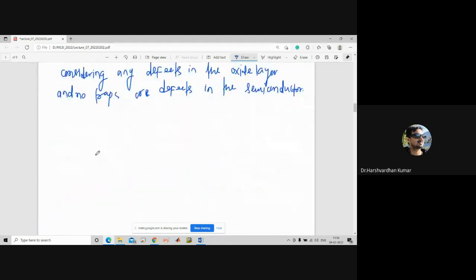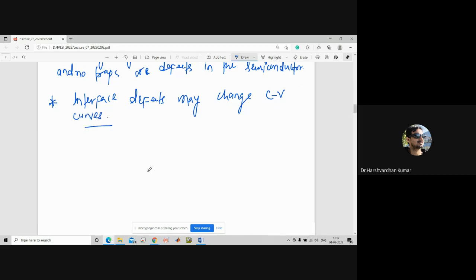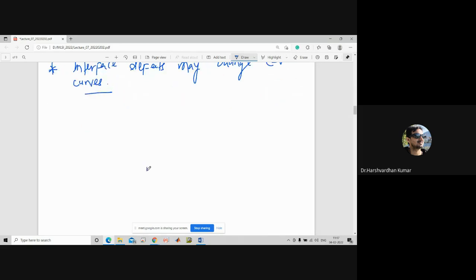Now let us talk about the next case, that is the interface defects. Interface defects may change the CV curves. So where will be the interface? Let us say this is the metal, oxide, and semiconductor.